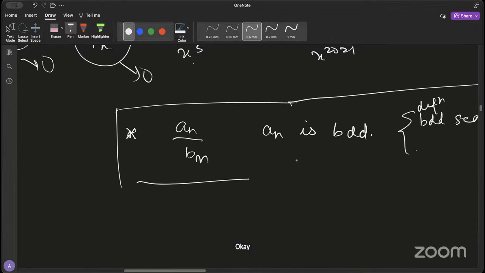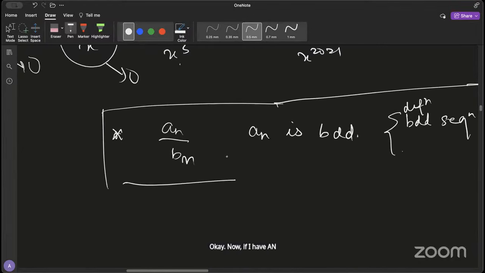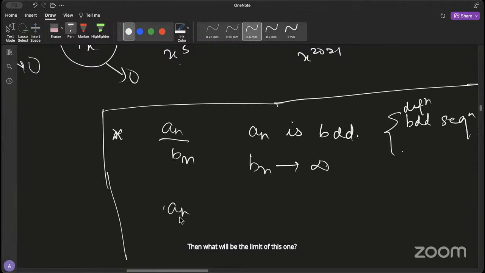Okay. Now, if I have an bounded and bn tends to infinity, then what will be the limit of this one? An is bounded and bn is tending to infinity. That means this can take bounded values only, but this can go to infinity. This can keep increasing, but this can take only bounded values.